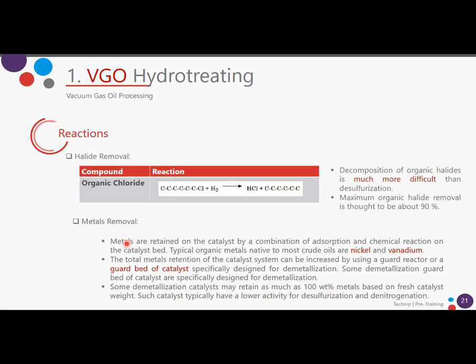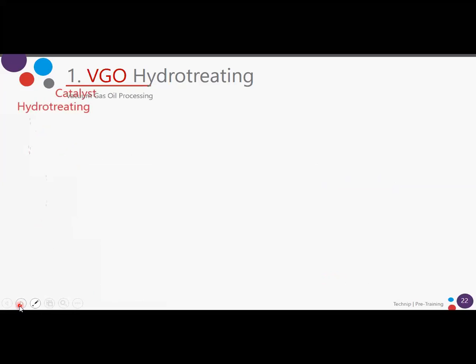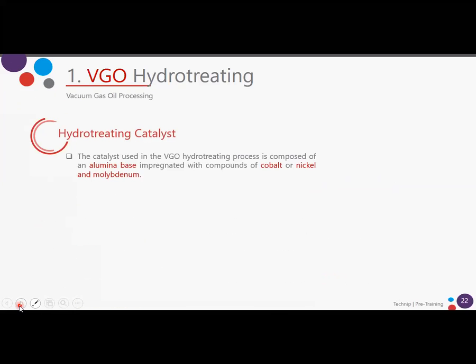Okay, and one of the reasons is this: you have guard beds to remove metals, and of course you have also other guard beds to have a proper delta P in the reactor. Okay, here we see the catalyst that we use in this process is an aluminum base, as we have seen in the other hydrotreating catalyst, with compounds of cobalt or nickel and molybdenum.